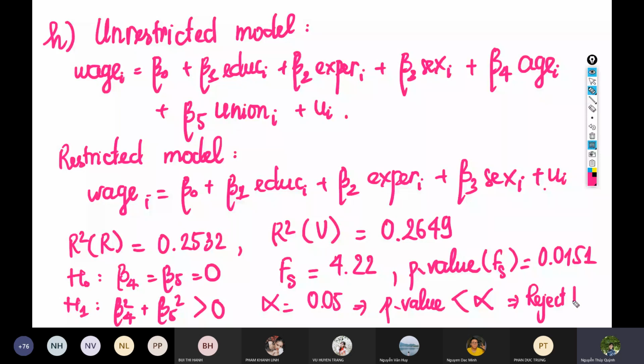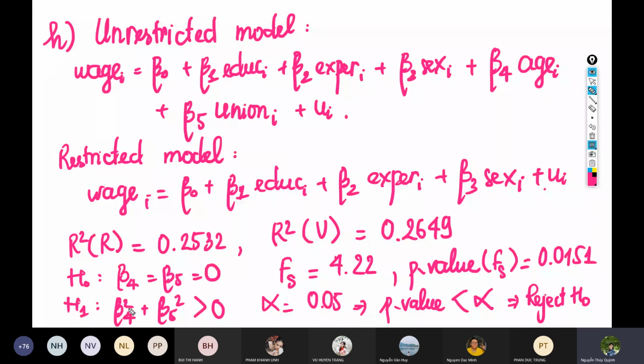So when we reject H0, should we include age and union in the model? Yes, the answer is yes, because age and union have a joint significant effect on wage. That's why he can bring age and union into the model. So that is for question H.